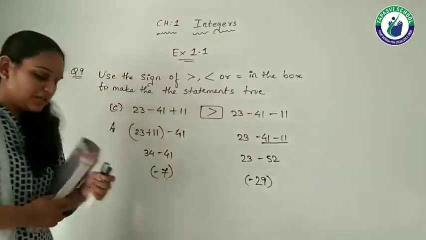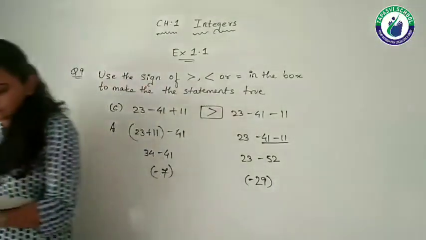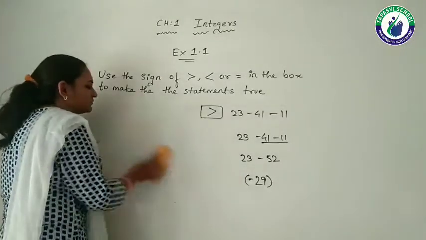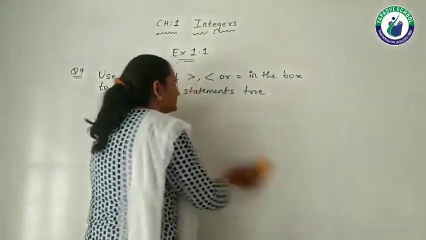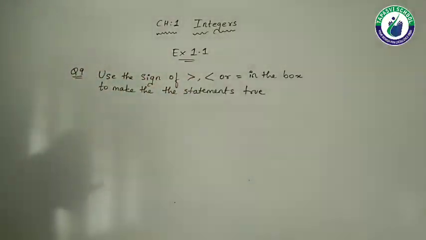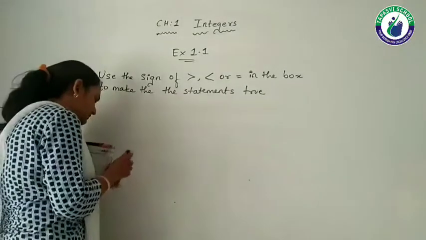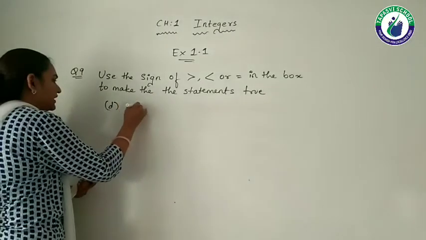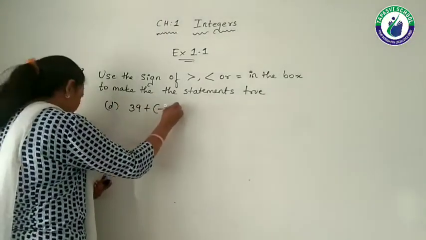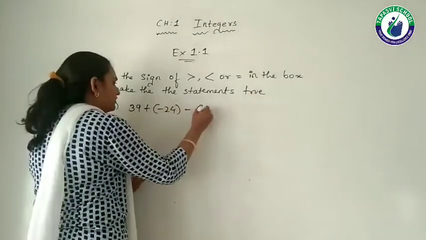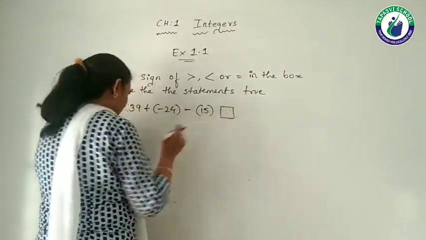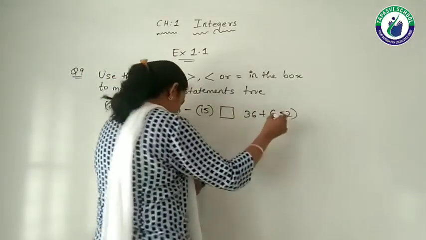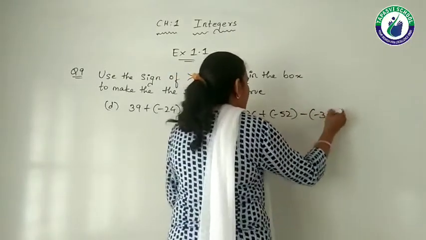Is it okay, students? Now taking the fourth question. 39 plus minus 24 minus 15 compared with 36 plus minus 52 minus 36.